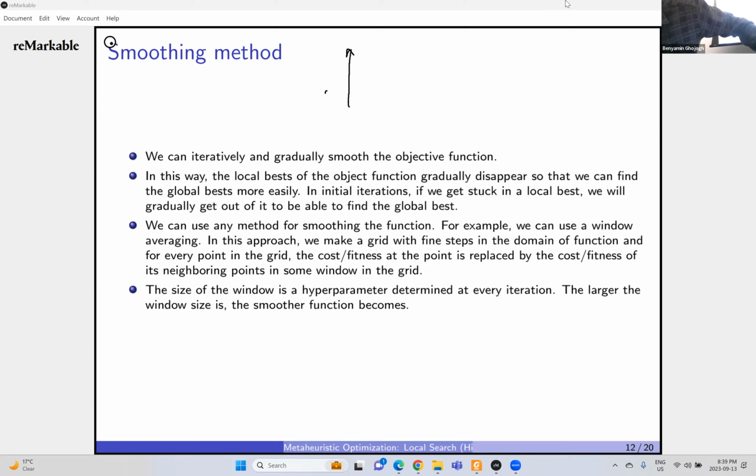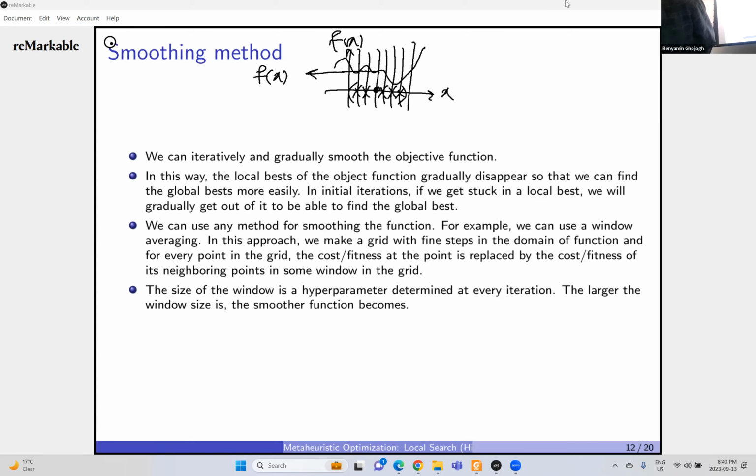Consider this. Simple, if X is one-dimensional, this is my cost. I can have the grid like this. This point has some neighbors, right? The neighboring points have some cost value, right? This point, its cost value is f of x.